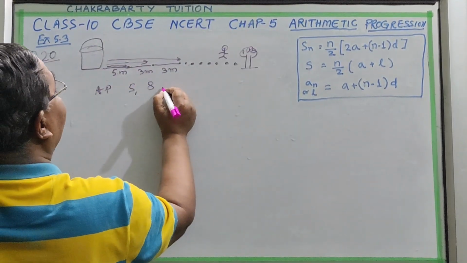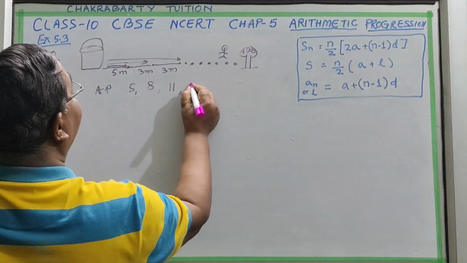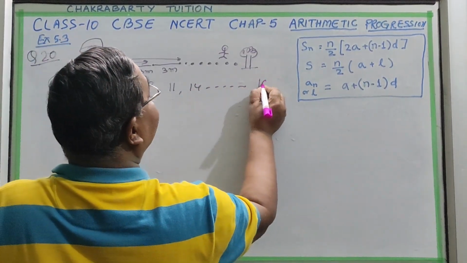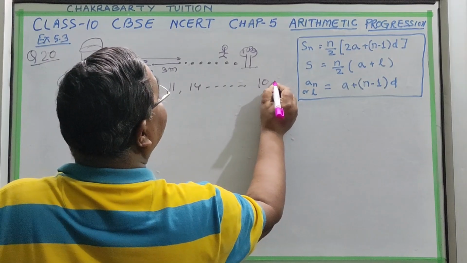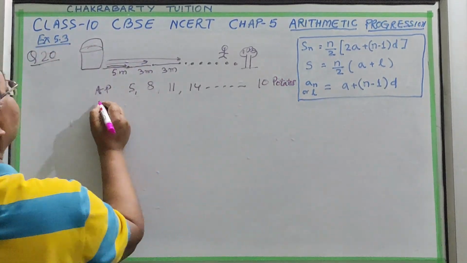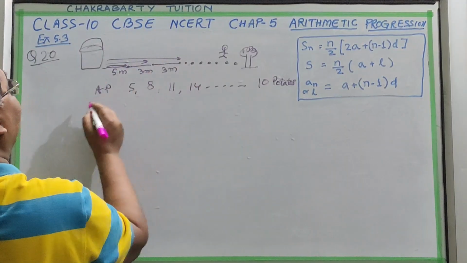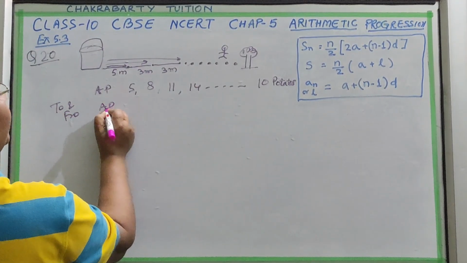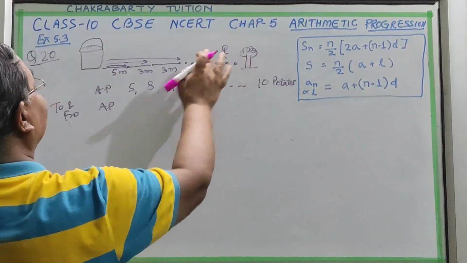That's why it goes 11 and 14, like this. And total is 10. 10 potatoes are there. So she goes and comes back also, to and fro. Using the AP, you have to find the total distance traveled by this girl.